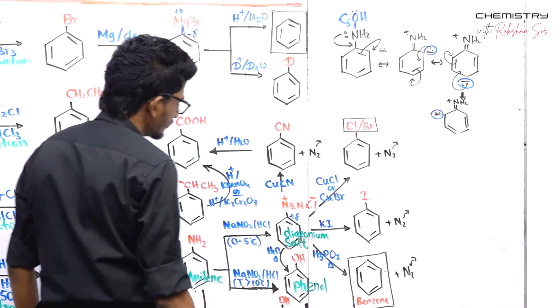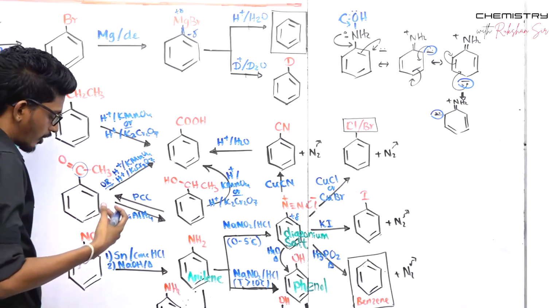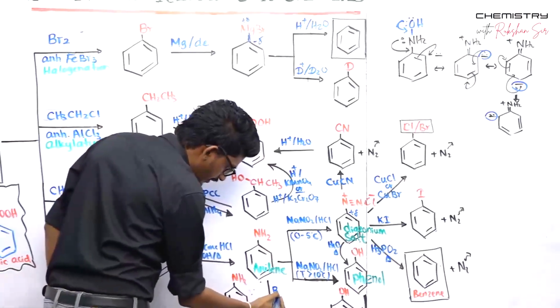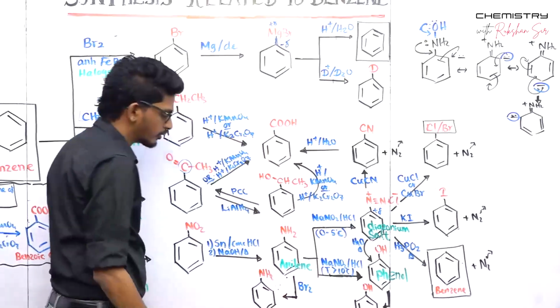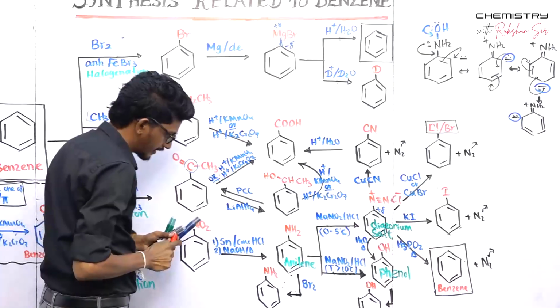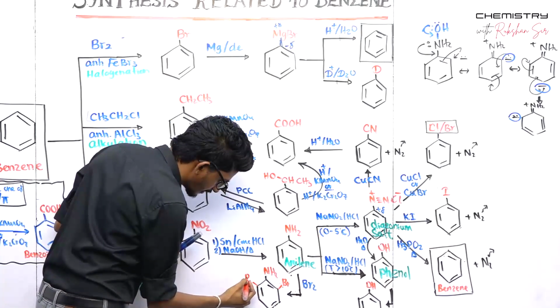So with aniline and phenol, only with the addition of Br2 or Cl2, you could come up with these kinds of tribromo products, very activated rings.